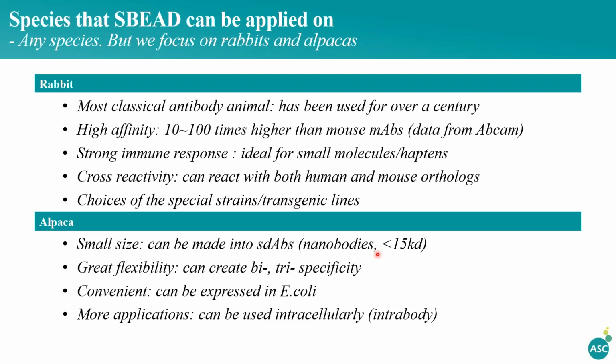And another advantage is that rabbit antibodies can often react with both human and mouse antigens, making it ideal, especially if you are developing therapeutic antibodies, because today most of the disease models are mouse models. By having an antibody that can react with both the human and mouse target, you can easily carry out preclinical study in mouse first, then translate it to human studies.